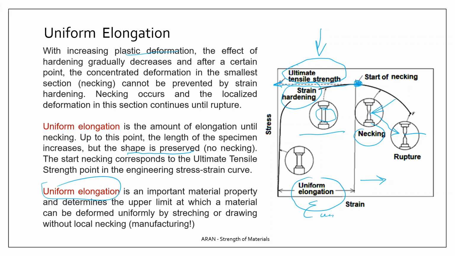Uniform elongation is an important material property, and this value is needed to determine the upper limit at which a material can be deformed uniformly, for example, by manufacturing processes like stretching and drawing, without local necking in the material. This is the limit of your allowed deformation value.